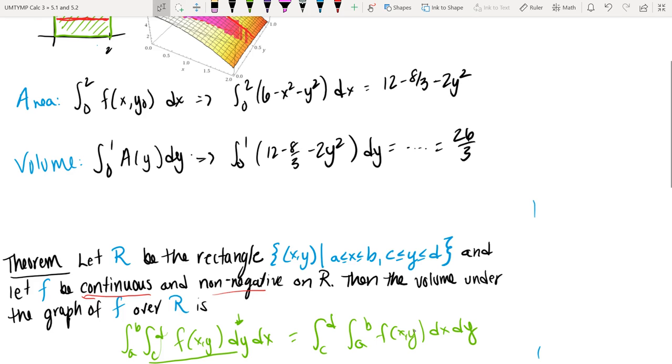So that's a theorem you can use as long as you have continuous and non-negative.